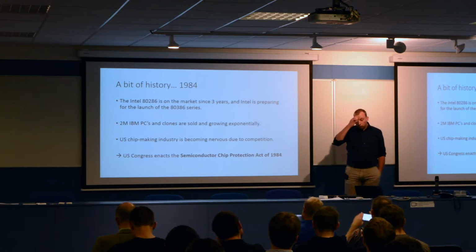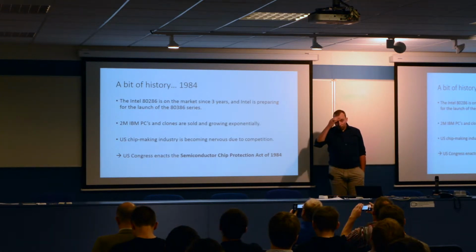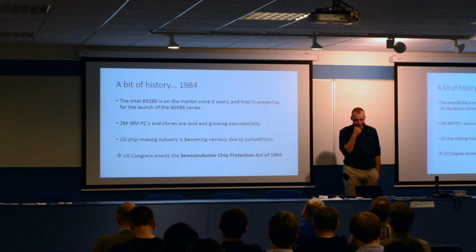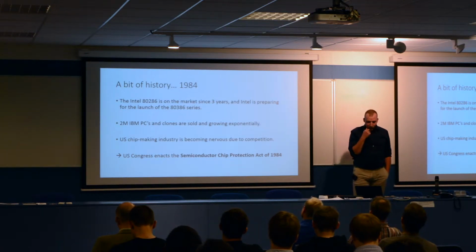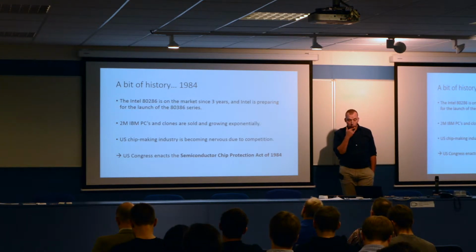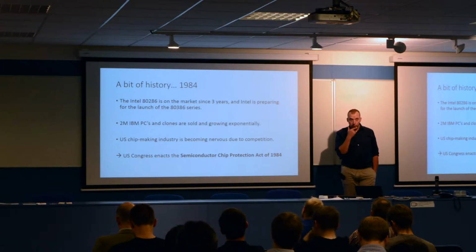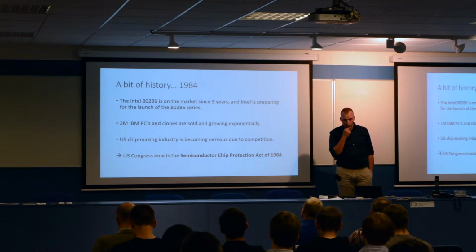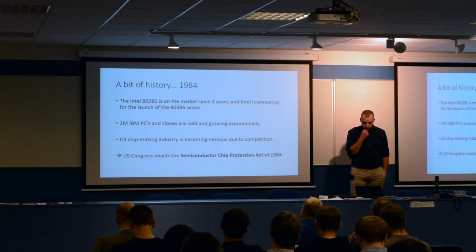So, in 1984, if I look around the room, many of you were not around yet. Some of you were. I was around. I was playing with Conan the Barbarian on my father's Apple II. And it was a time when Intel already had the 286 on the market for a while. It was preparing, in fact, the 386 series, which was, at least for a while, one of the most commercially successful series of processors for Intel.